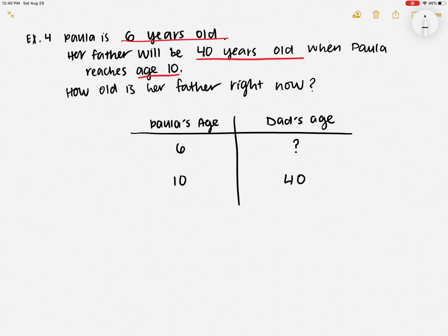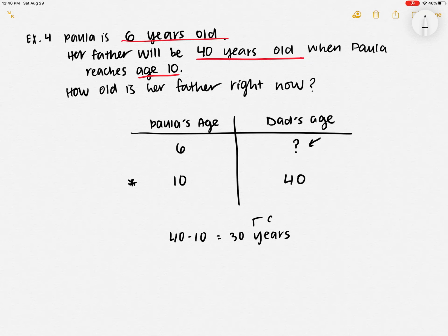So to find out how old her dad is when she's 6 years old, we need to first find the age difference between the two of them, because remember that the age difference always remains the same. So since we know both ages when Paula's 10 years old, we just subtract both of them. So 40 minus 10 is 30 years.